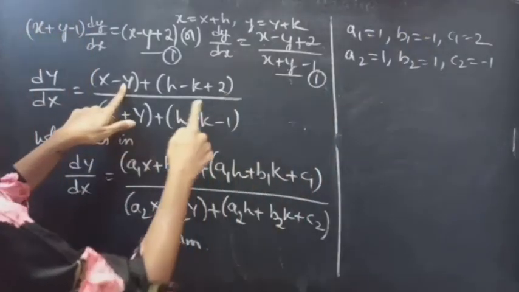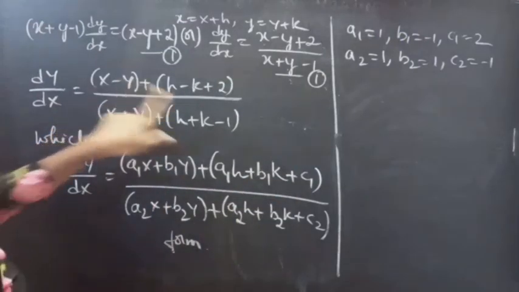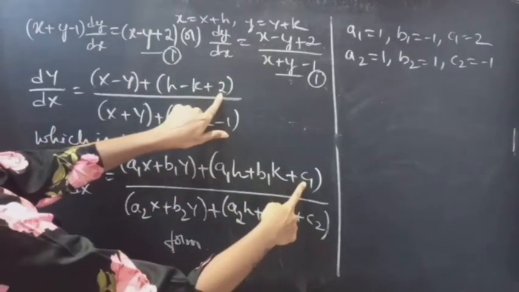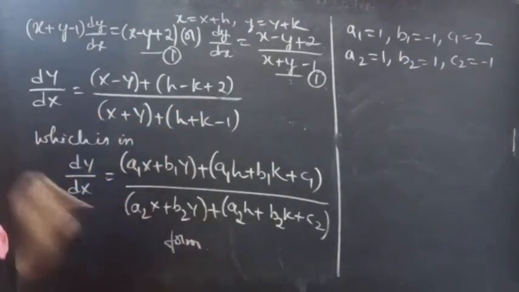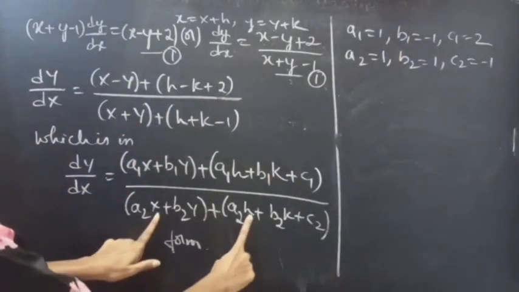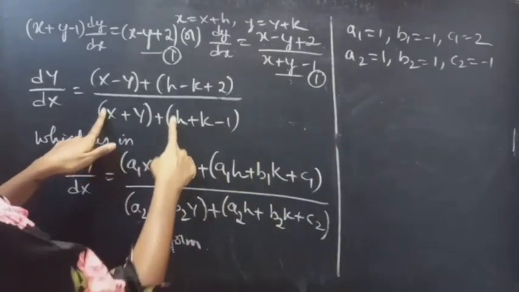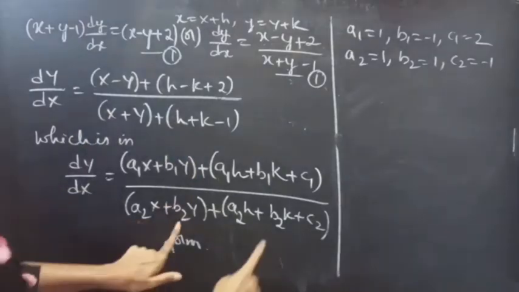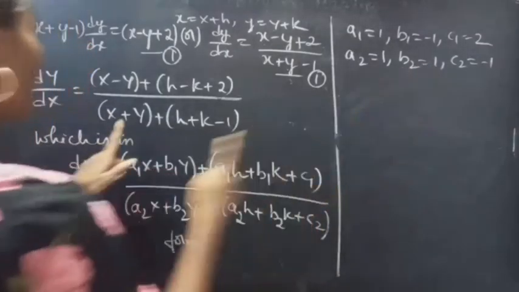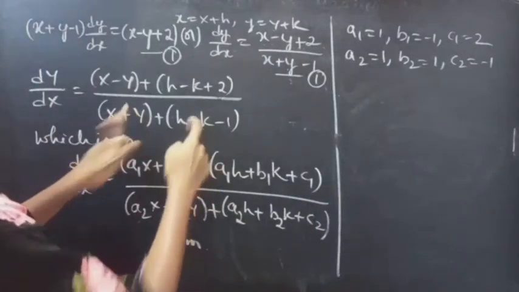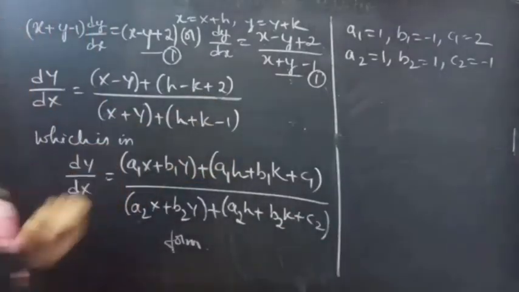Quotient of y and k is minus 1, and you have c1 in the numerator, which is 2. Likewise, compare the denominator. Quotient of x and h is a2. a2 is 1. Quotient of y and k in the denominator is b2. b2 is 1, right? And likewise, you have c2 equals to minus 1, right? Fine.